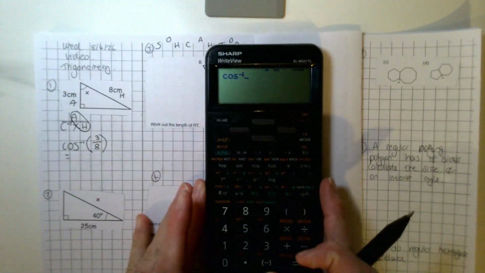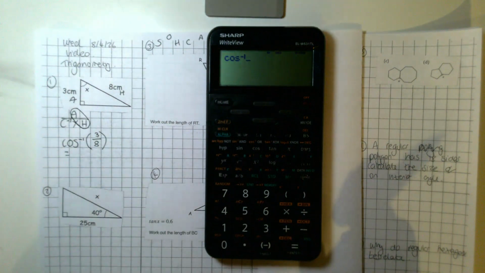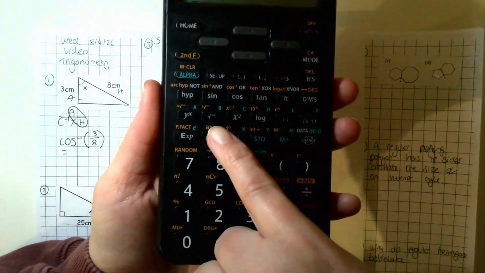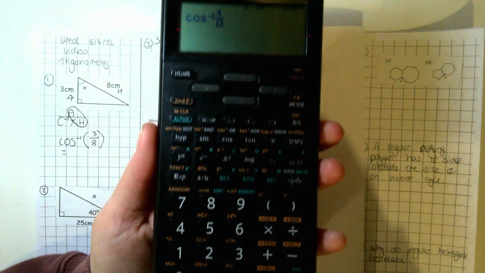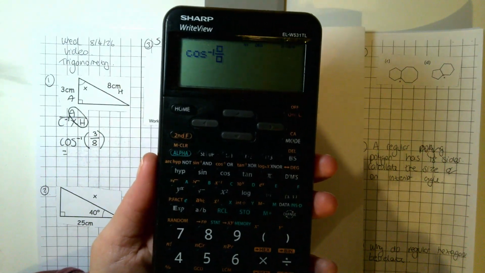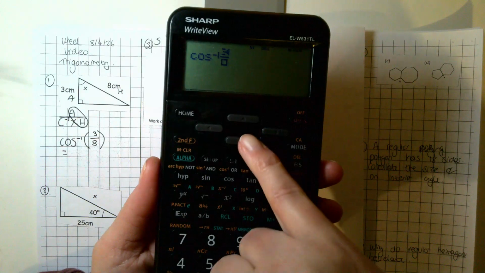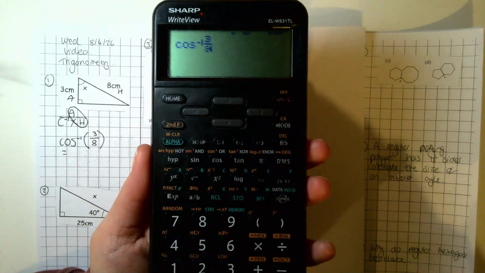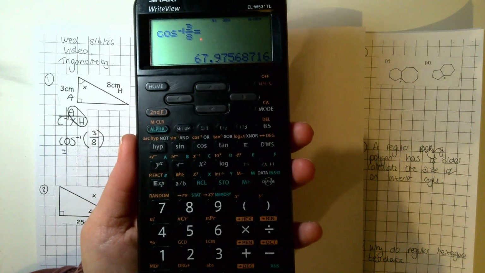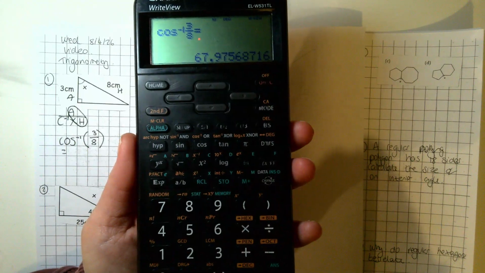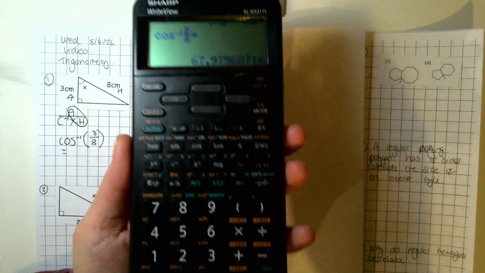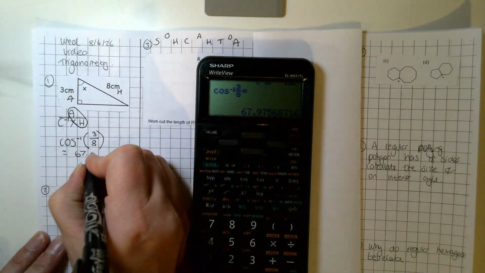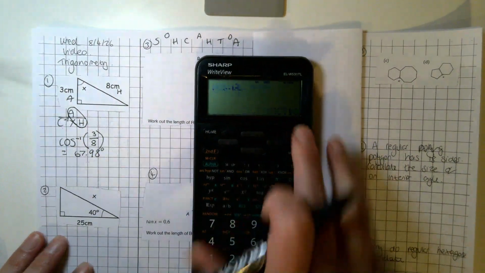Now you can use your fraction key, or you can use your brackets, and then we're going to do 3, which is the adjacent, over 8, which is the hypotenuse. So shift cos 3 over 8, and then round that off to 2 decimal places, so 67.98. And we're talking degrees. There we go.